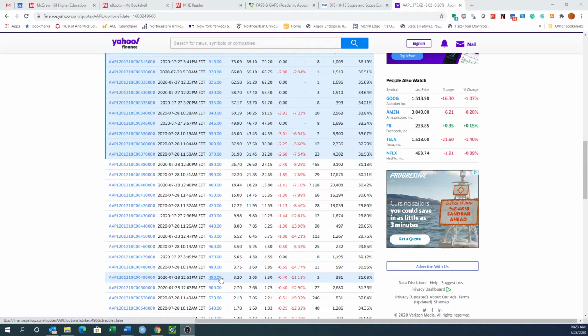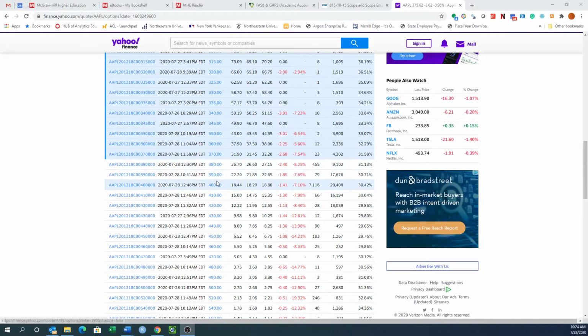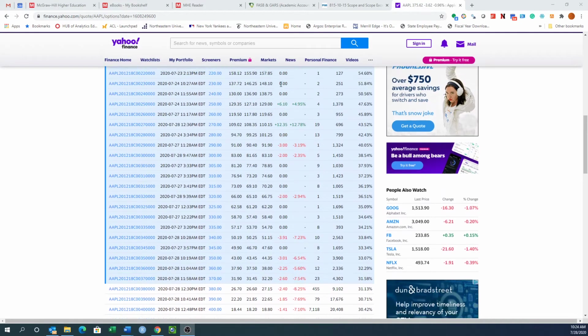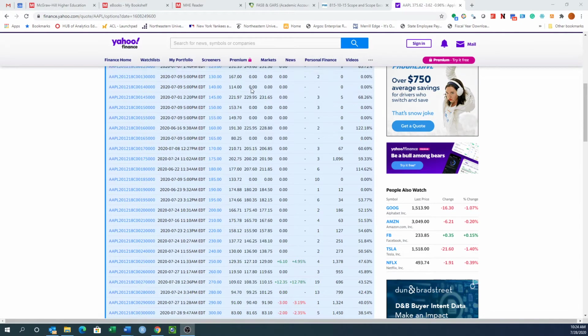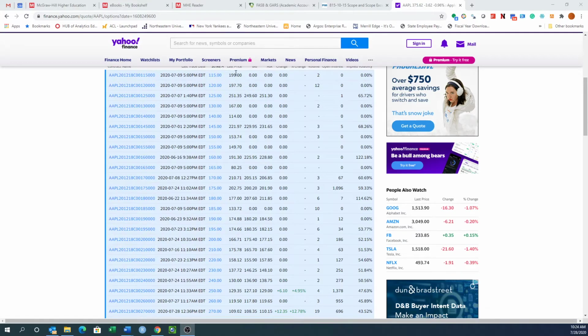So as Apple starts to approach $490 a share, all of these other options will go up significantly in value. Just as when we look at some of these options back here that are way in the money, you can see this is worth $199, $251, et cetera, et cetera.